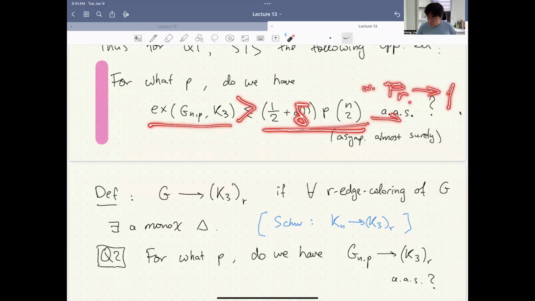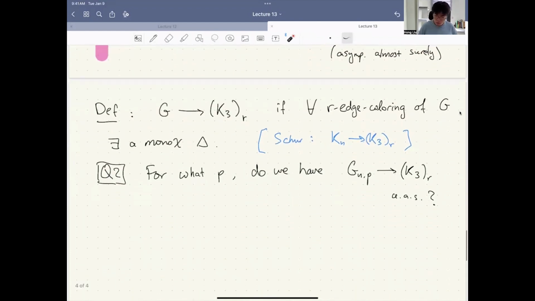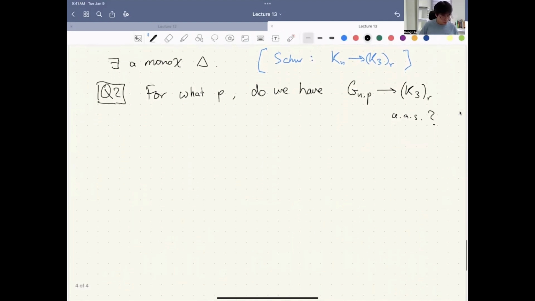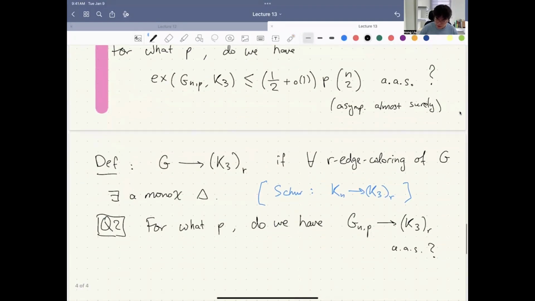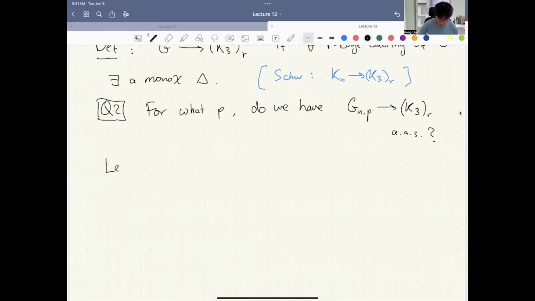This complementary event's probability tends to 0. Let's prove that. Okay, let's try the union bound, first try.